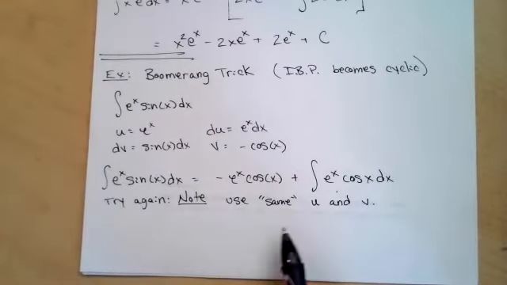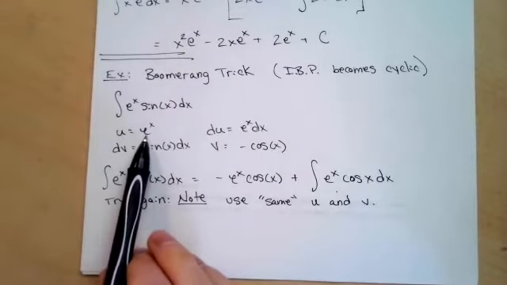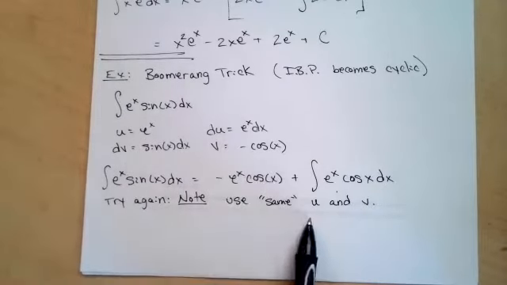But what do I mean by that? I mean, we used e to the x as our u in the first case, which means down here we have to use e to the x as u again. Because what's going to happen anytime you have to do integration by parts more than once, if you flip around the nature of your choice, you will go backwards.